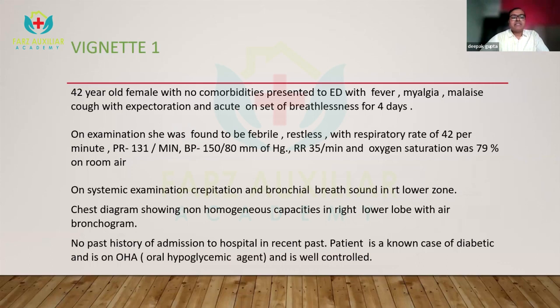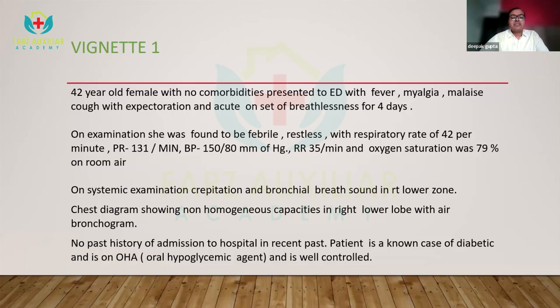On examination, she was found to be febrile, restless, respiratory rate of 42 per minute, pulse rate of 131 per minute, BP of 150 by 80, respiratory rate 35, oxygen saturation of 79% on room air. On systemic examination, crepitations and bronchial breath sounds in the right lower zone. Chest X-ray shows non-homogeneous opacity in the right lower lobe with air bronchogram.